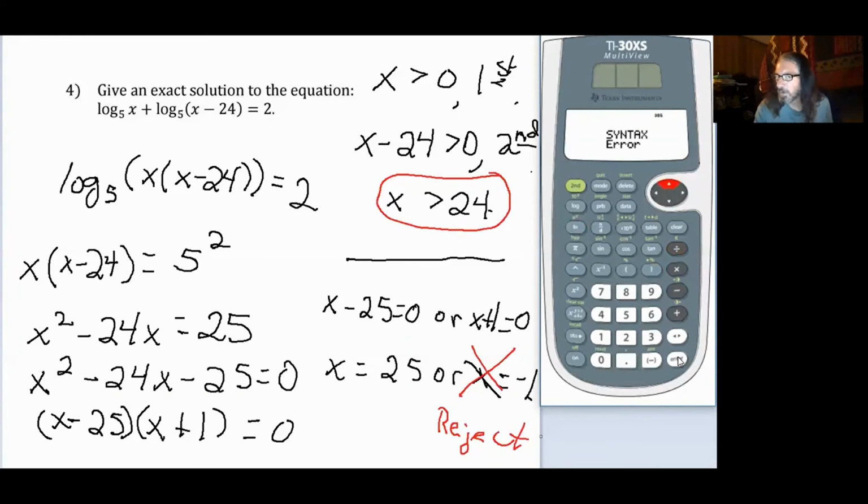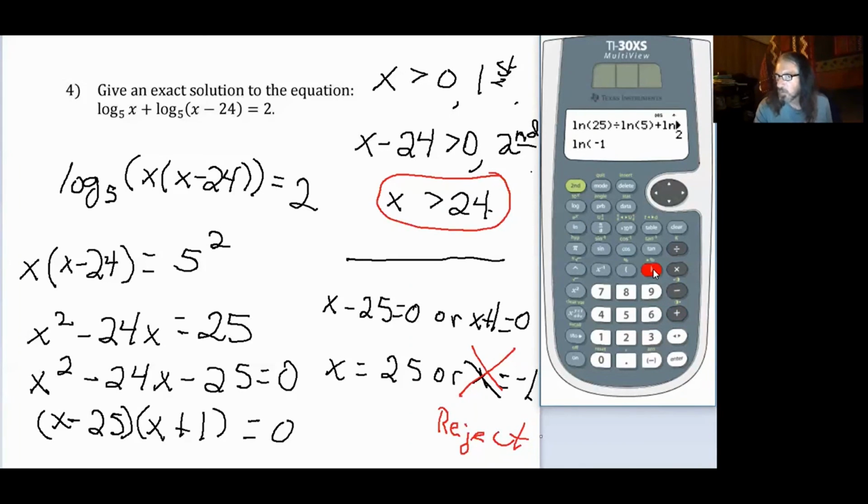Let's see if I can find where my error is. There we go. Whereas if I try to put in the negative 1, that's going to be a problem for both of these.